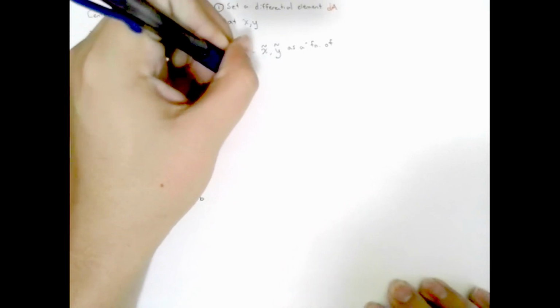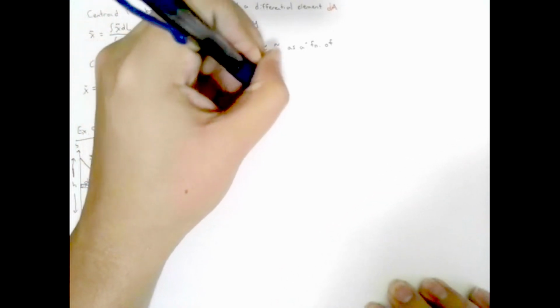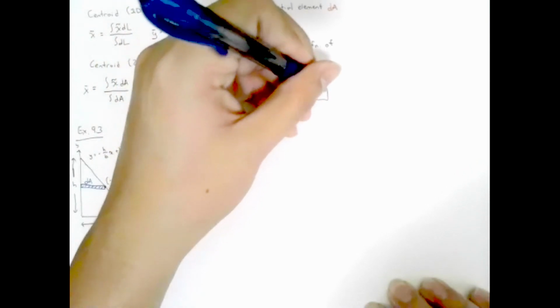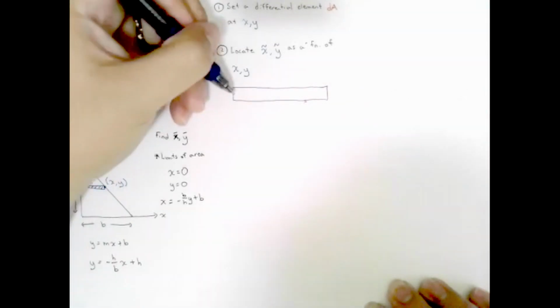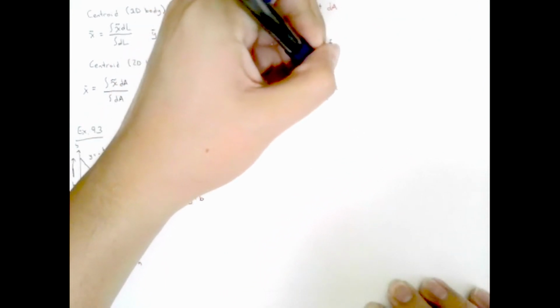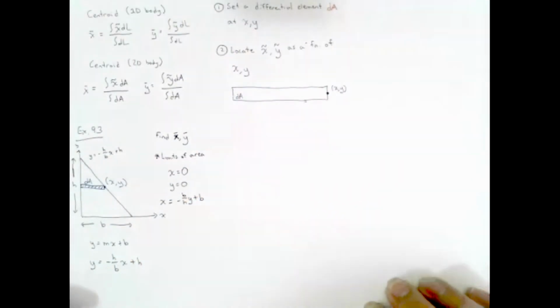First, let me blow up this element here and show you what the element looks like if we were to zoom in an infinite amount. So if we zoom in, we get our differential element with a differential area dA. And we know that this point is x and y on your Cartesian coordinate plane.